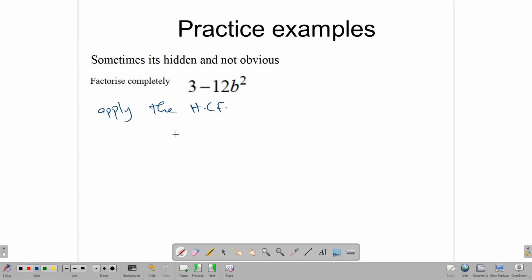So let's apply the highest common factor first, and when we do that, which is 3, we end up with 3 divided by 3 is 1, minus 3 into 12 is 4, b squared. So sometimes the idea there is a bit hidden. Once you divide by the highest common factor, you see that it's actually the difference of two squares, and now we need two brackets. And so we go, the square root of 1 is 1, make one bracket plus, make one bracket minus, the square root of 4b squared is 2b, and we're finished.